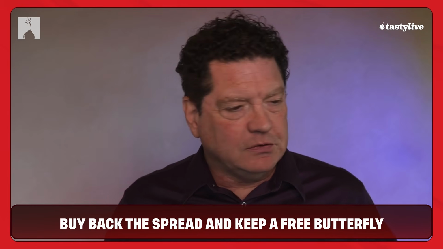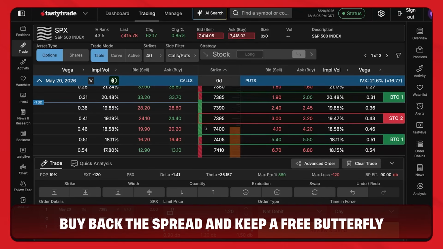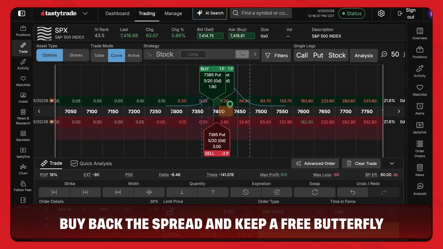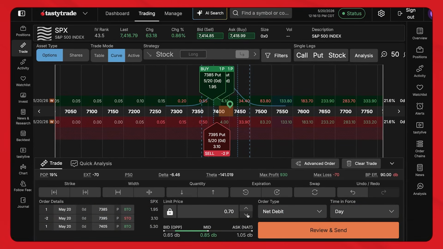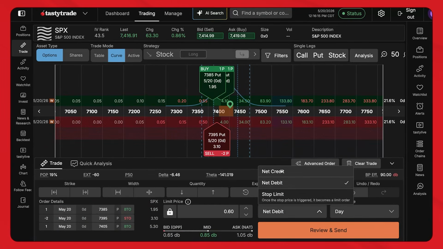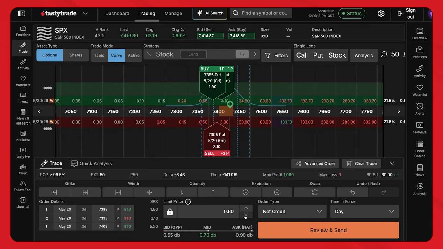Theoretically, no. Let's take a look at what I mean by that. Let's go to the curve. This is if I bought the butterfly for, let's say, $1. Let's take this down. Let's do a net credit. Can I do that? So let's say a 30-cent credit.